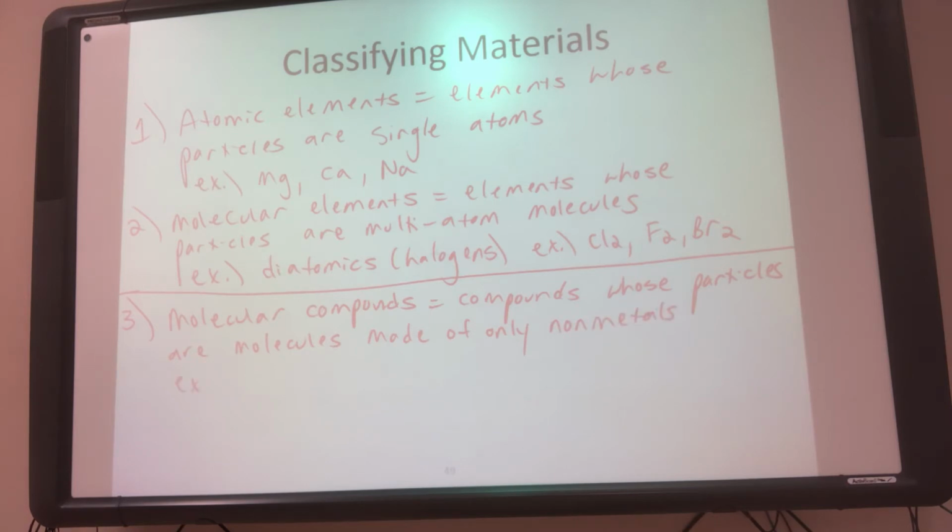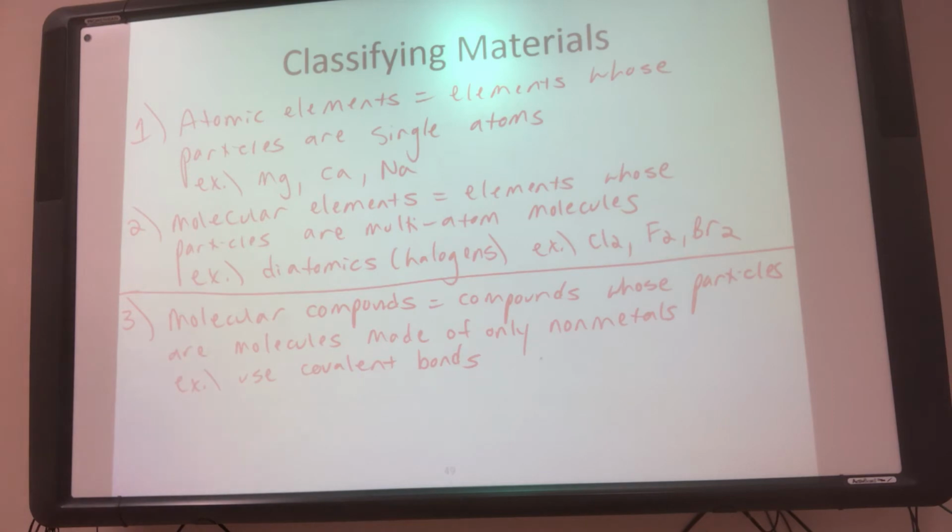So these are going to use covalent bonds. These are the ones that we're going to be talking about now. So now when we start talking about naming and this section of naming, we're moving into the molecular compounds.